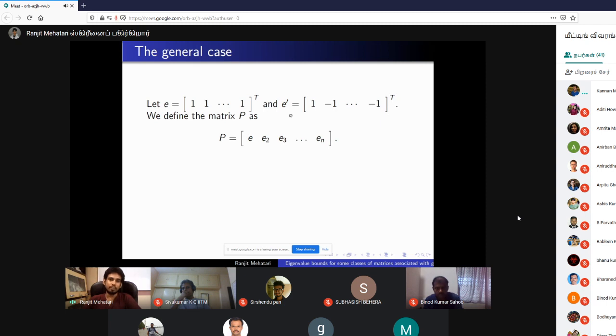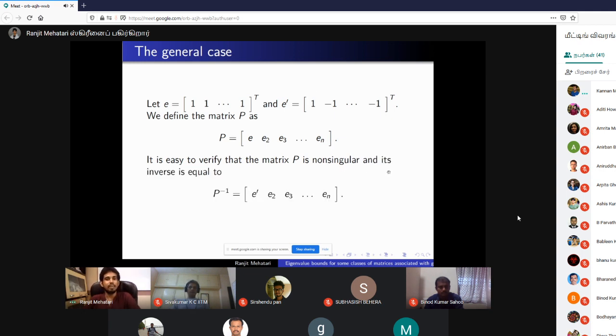We define the matrix P whose first column is the all one vector and then E2, E3 up to En, where E2, E3, up to En are standard basis elements of Rn. In that case also, we can prove that the matrix P is non-singular and its inverse is the matrix with first column equal to E prime, then E2, E3 up to En.